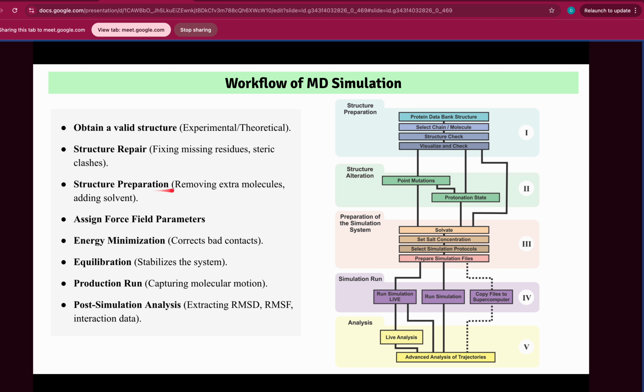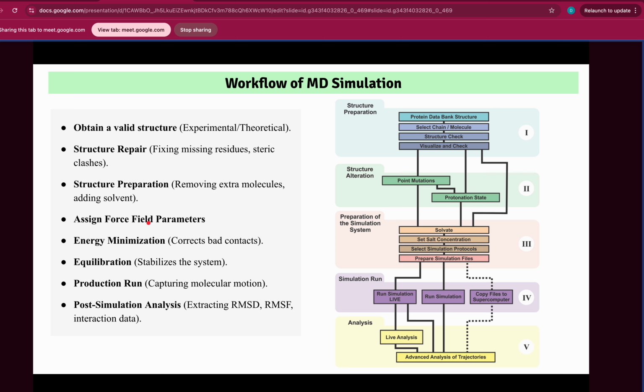Third step is structure preparation, in which we remove the extra molecules and add the solvent. From the PDB, in some scenarios, we get a complex structure in which the protein is already attached to some ligand or some other substrate. In that case, we can remove those extra molecules and simply take the protein structure to model it. Then we can also add solvent, in which we add water molecules to reconstruct native conditions, such as the aqueous environment.